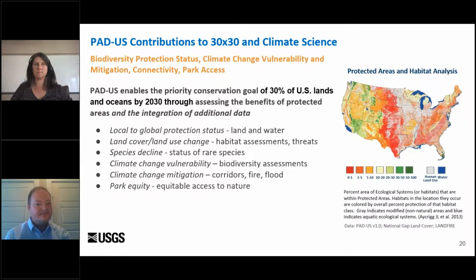Thinking forward now, how else can PAD US be used to address the 30 by 30 priorities, as well as climate science and mitigation of climate change? Biodiversity protection status is one of the foundations where this database really grew out of our research.